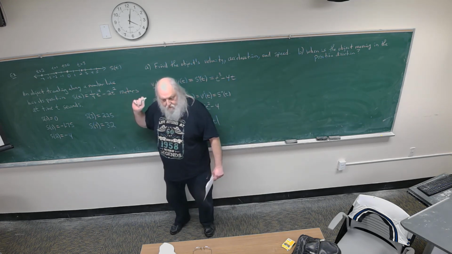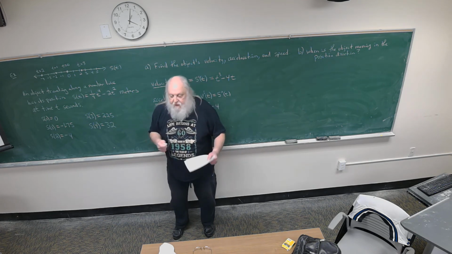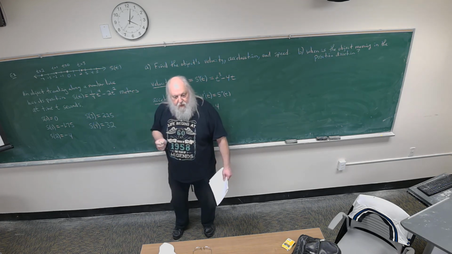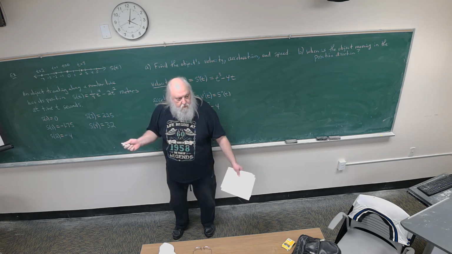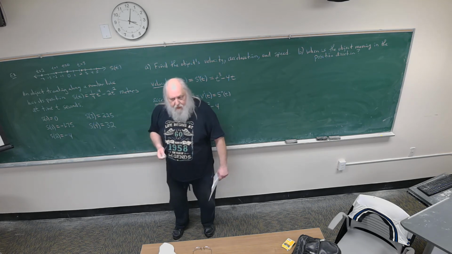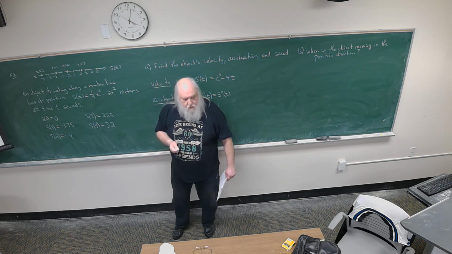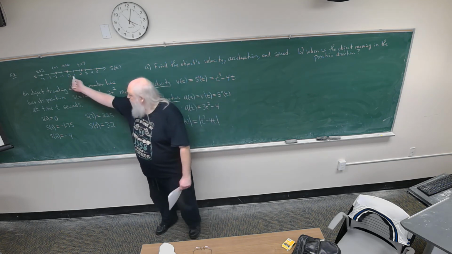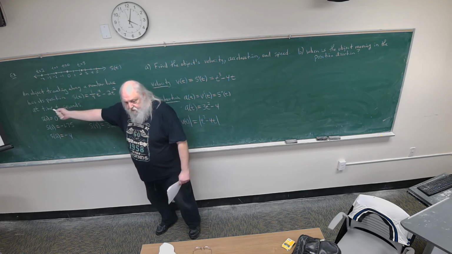To the right, correct? So how do we find when the object is moving to the right? Velocity more than 0. Velocity, right? So velocity tells you the direction you're going. The velocity is positive when you go to the right. It's negative when you go to the left.